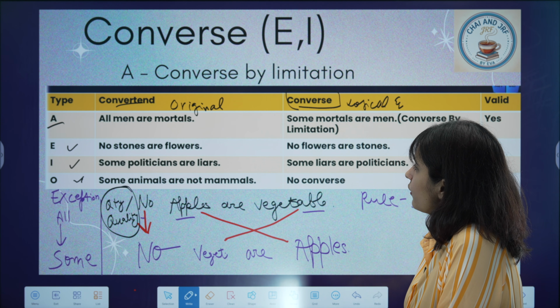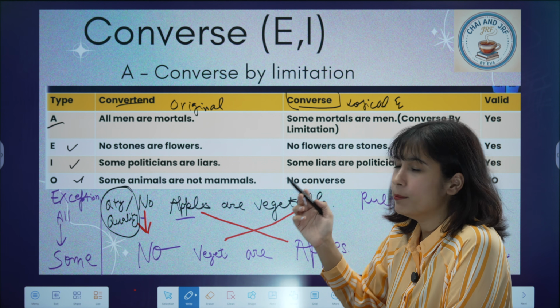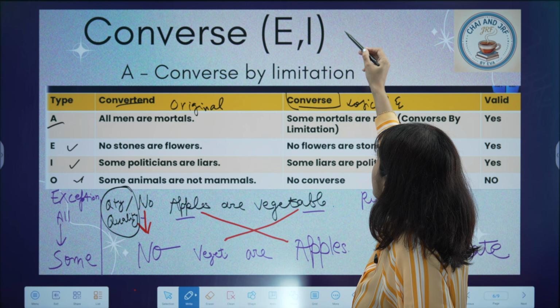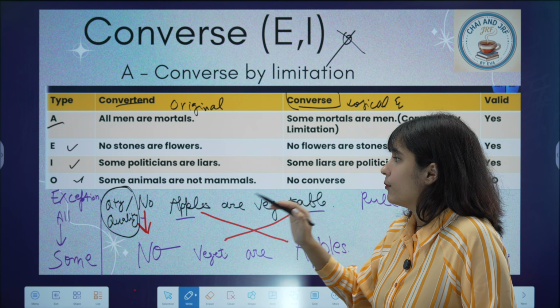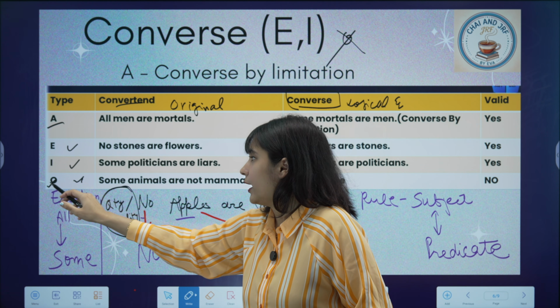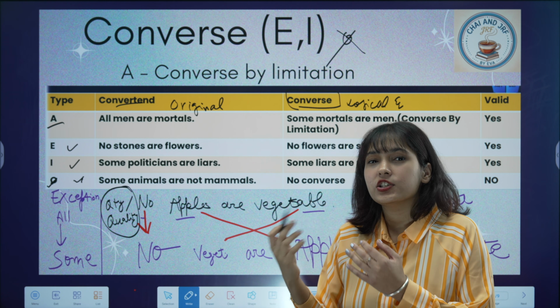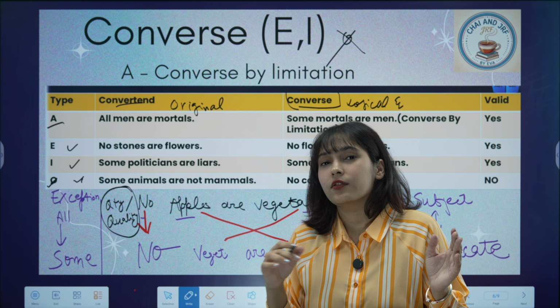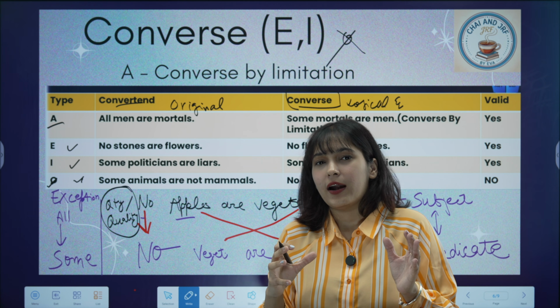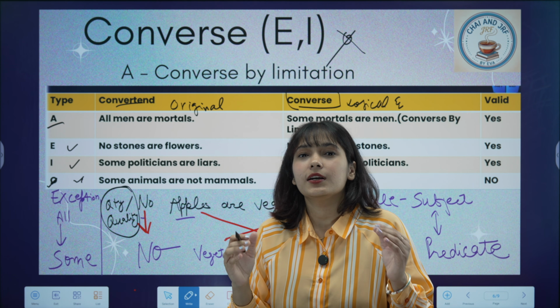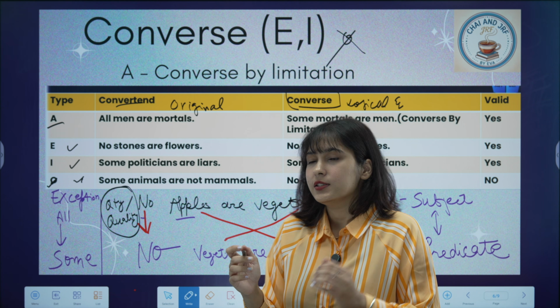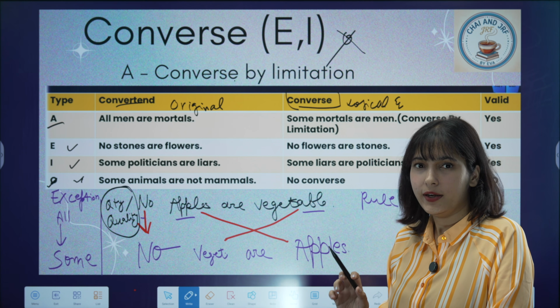So always remember that converse is not applicable on O. It is not applicable on the O type of categorical proposition, that is your some not. We cannot convert statements that are of the O proposition into their converse form.